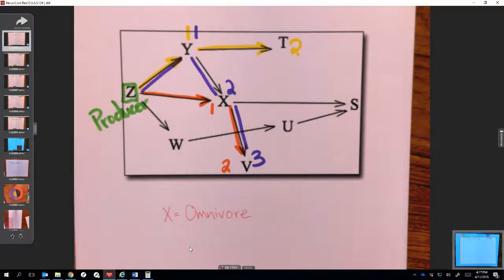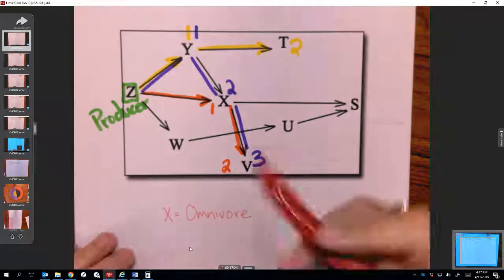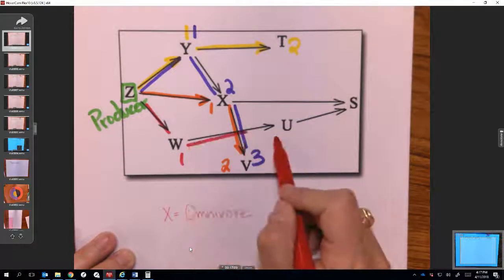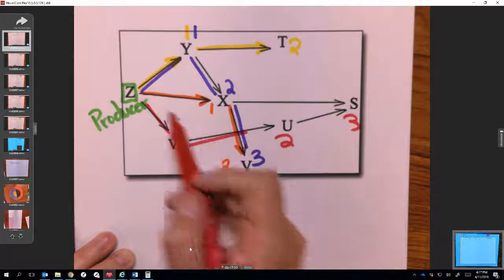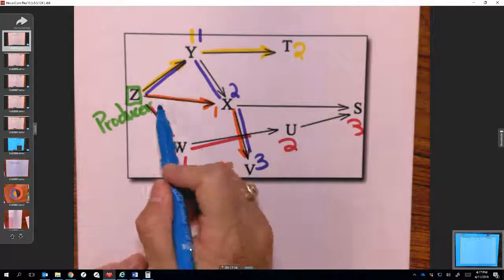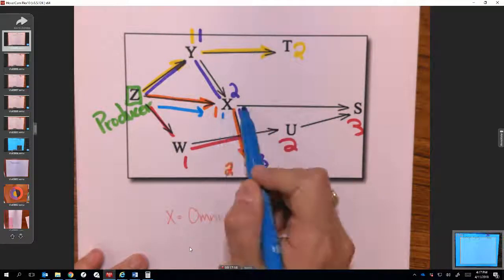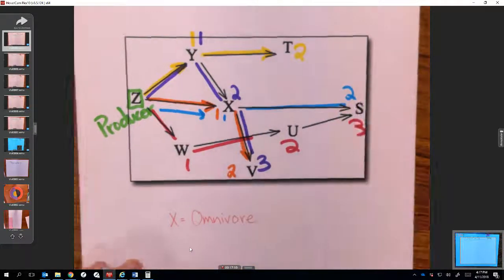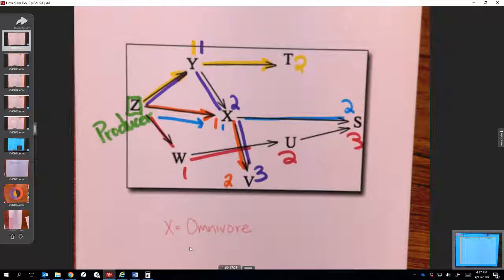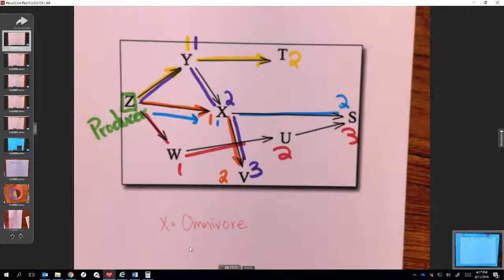I'll do one more to show you. 1, 2, 3, and then right here, if we did this one, 1, 2. So hopefully that helps you understand a little bit more about how energy flows through an ecosystem.